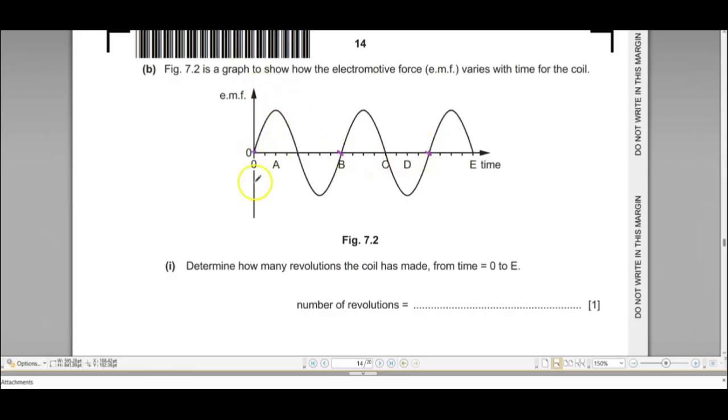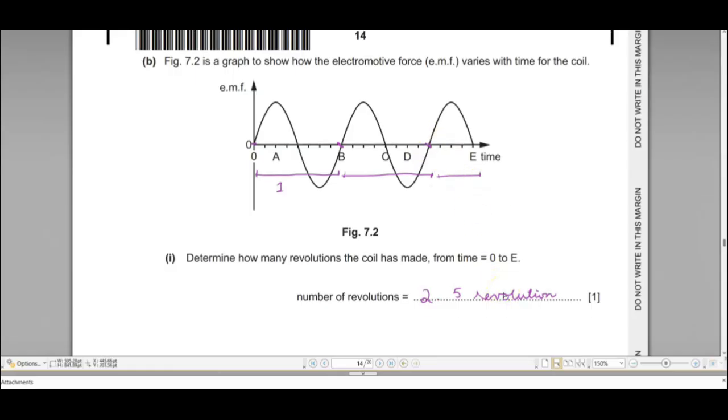So this is one wavelength, and this is another wavelength, and this is half a wavelength. So the number of revolutions would be 2.5 revolutions. One revolution means one wavelength, so there are almost 2.5 wavelengths, so 2.5 revolutions.